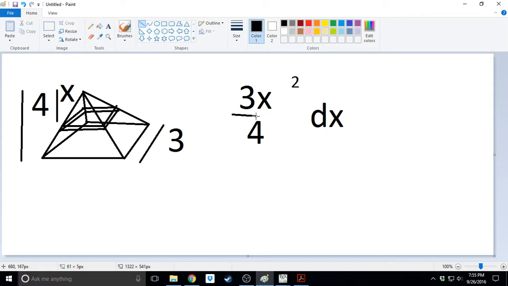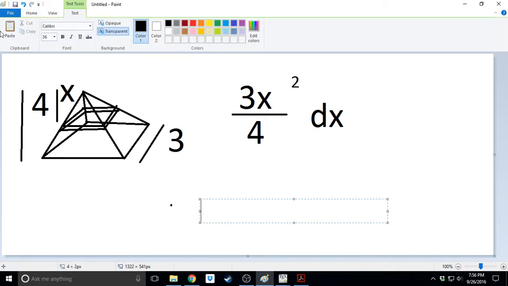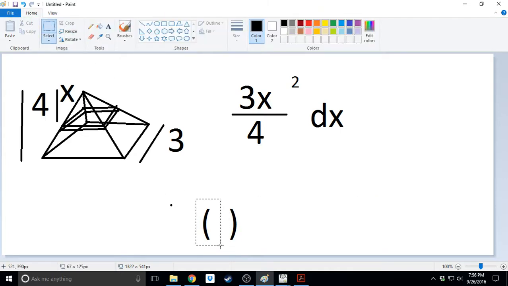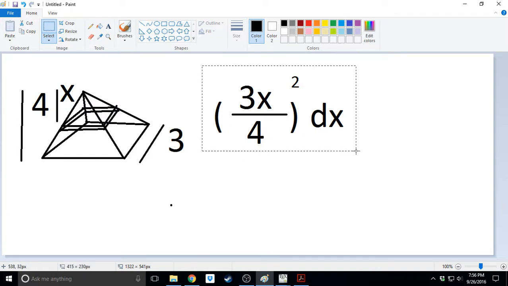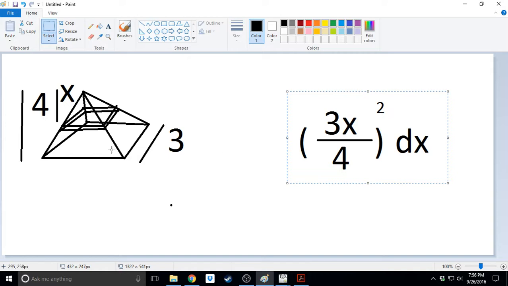So our fraction bar, there we go, and parentheses. This goes up here. They're tiny little parentheses. Okay, so this represents the volume of one of these square coins.